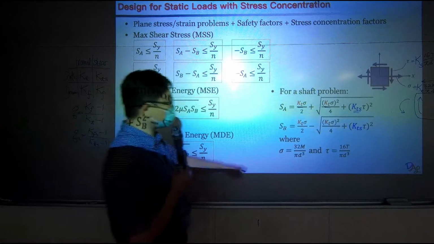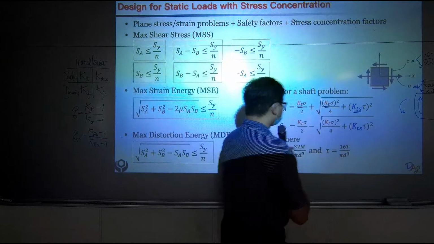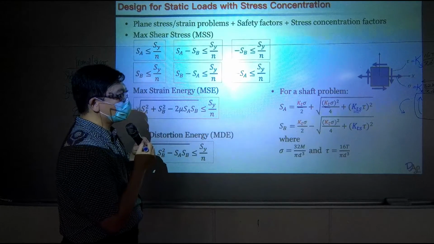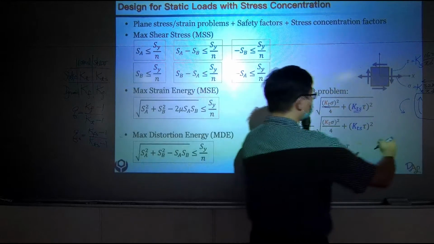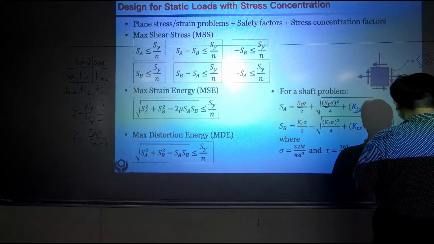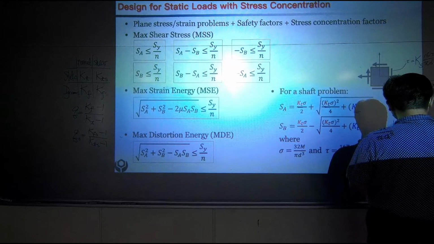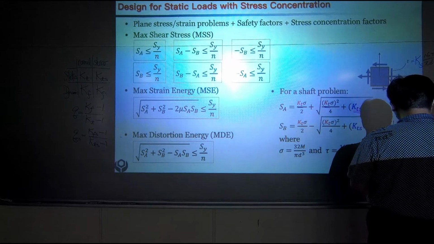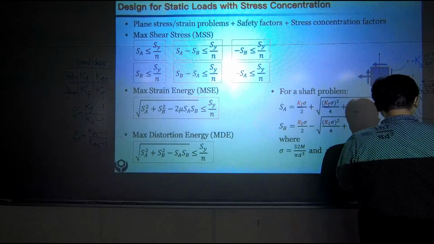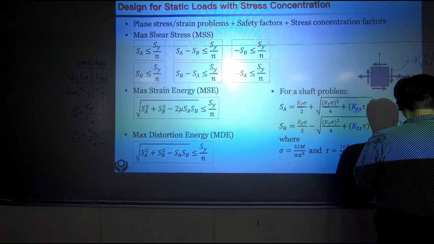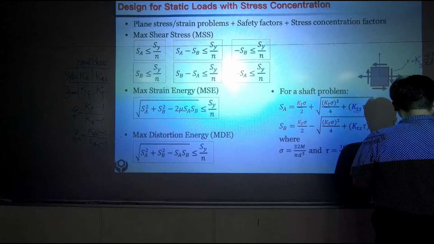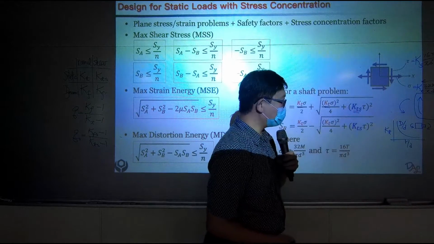But how do we get KT and KTS? For KT, you need to get back to the D over D, R over D, KT table, and find the case where you have pure bending.